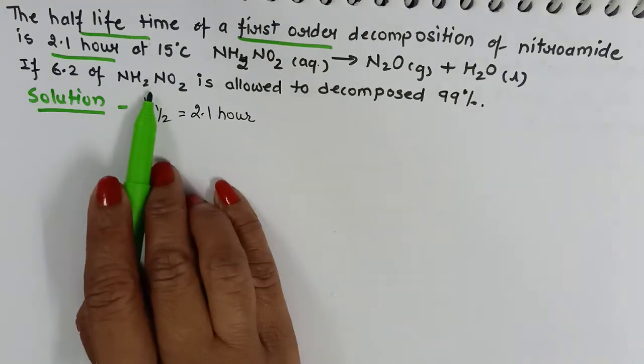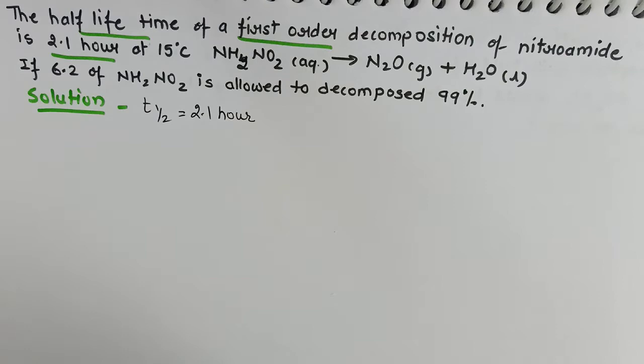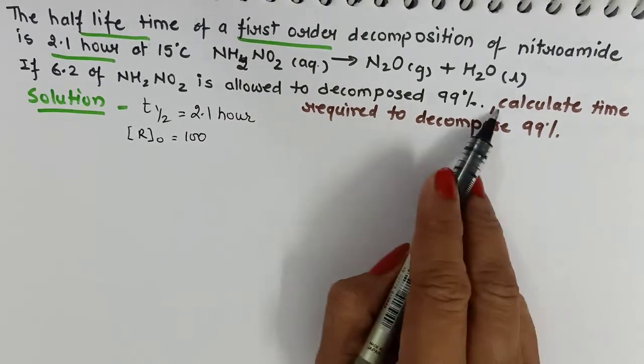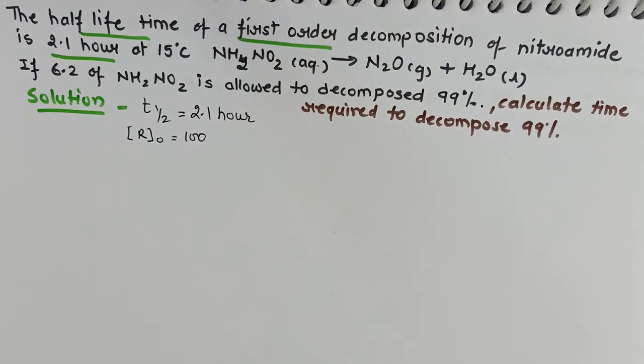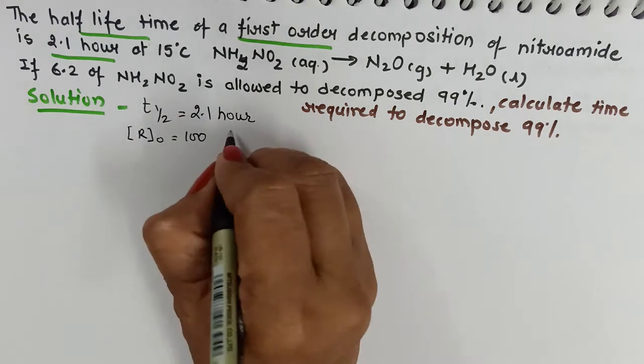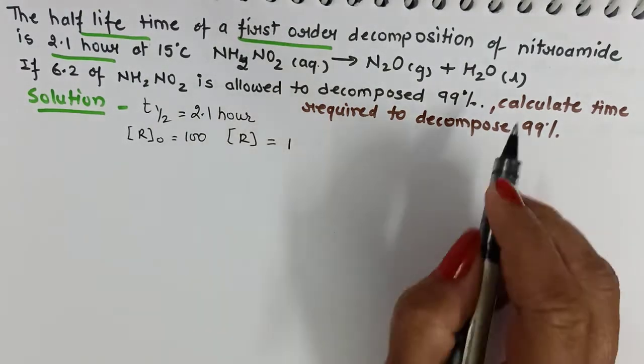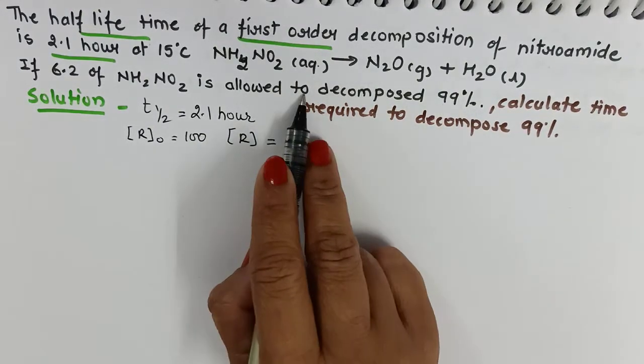Now if 6.2 of nitroamide is allowed to decompose 99%, calculate the time required to decompose 99%. So obviously initial concentration will become 100 and the left concentration will be 1 because 99% has been already decomposed.